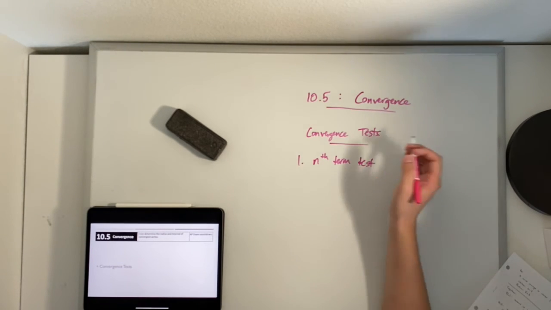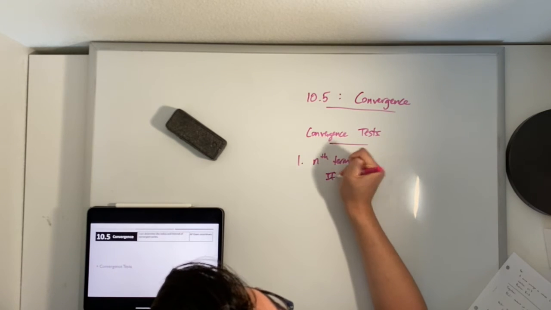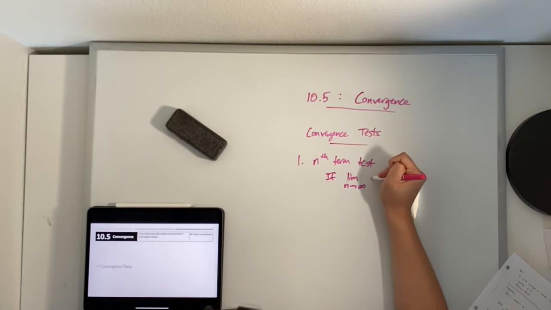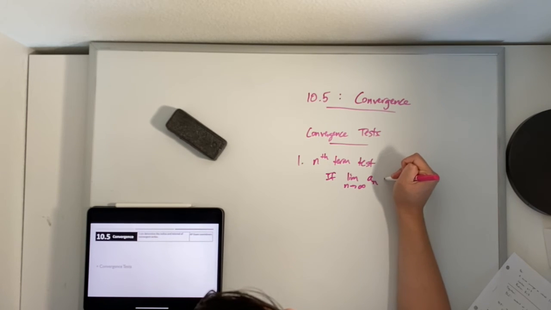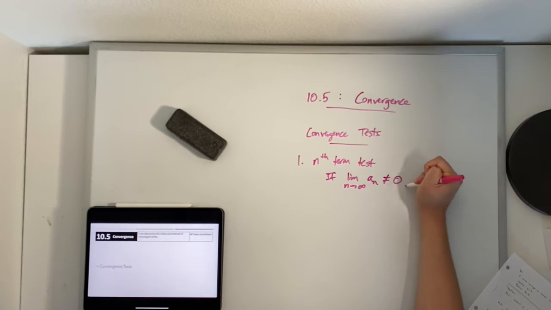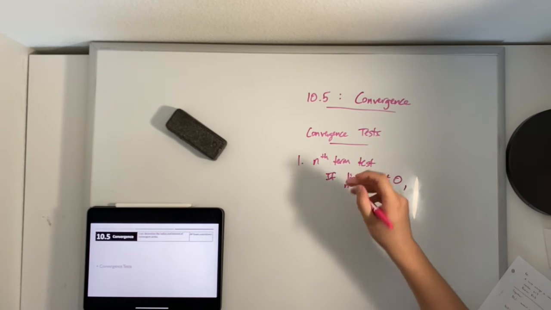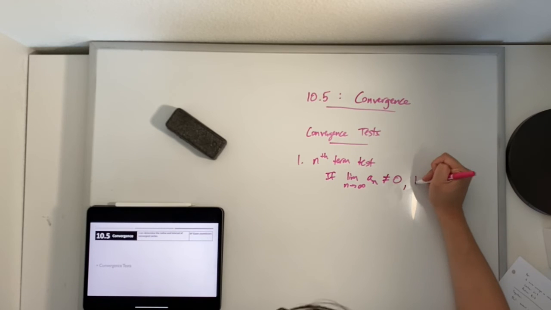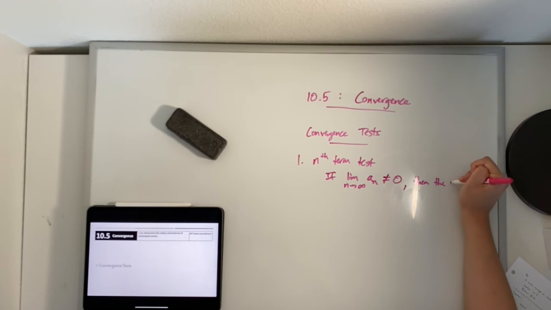The nth term test tells us that if the limit as n approaches infinity of the nth term of a series does not equal 0, then the series diverges.